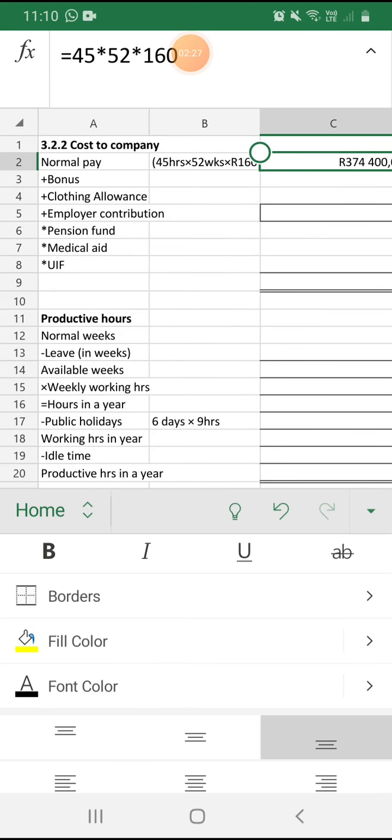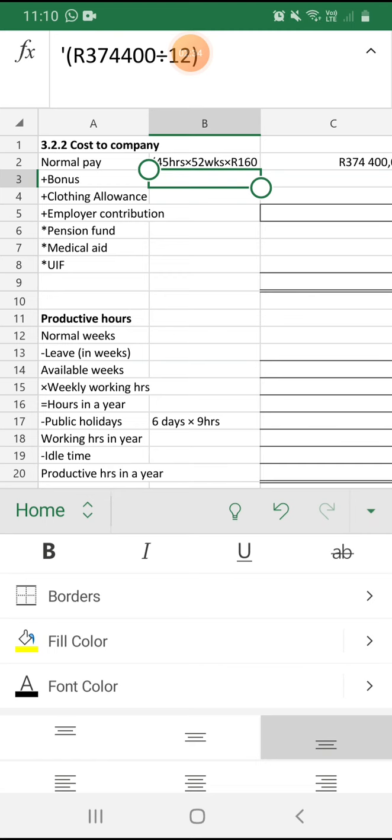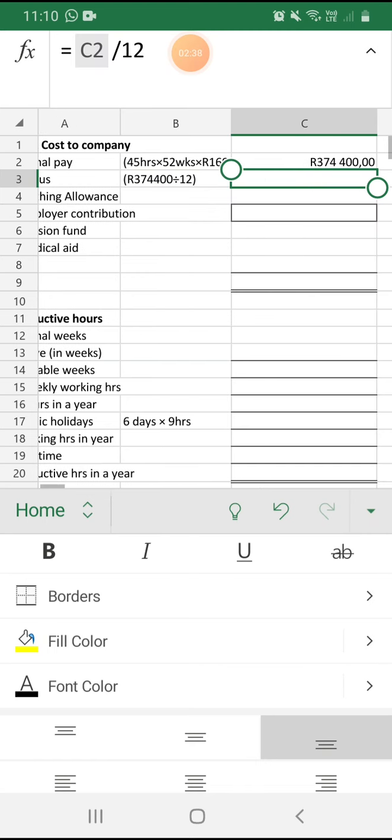Then they said that they receive a bonus that is equal to 1 month's salary. To calculate this, you'll take your normal pay divided by 12 months. That will give you a bonus of 31,200. We're also told that Bridget receives a clothing allowance of 400 Rand per month.